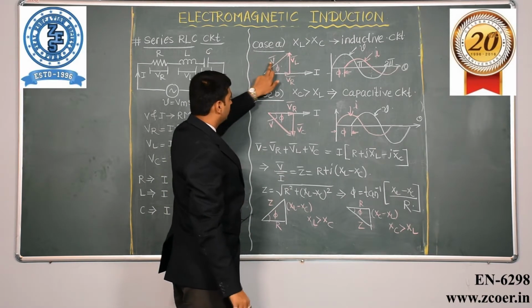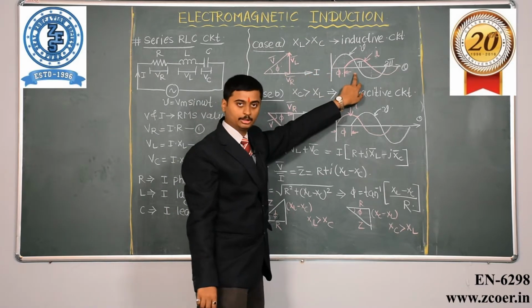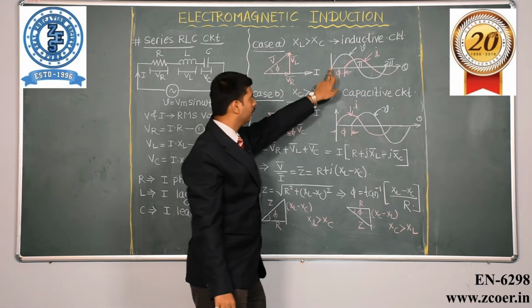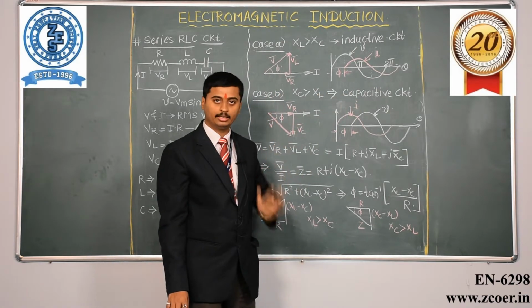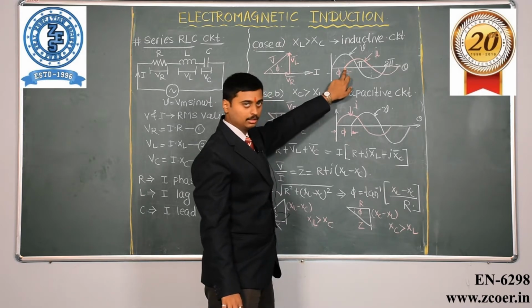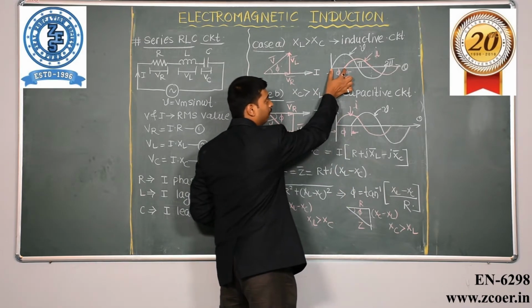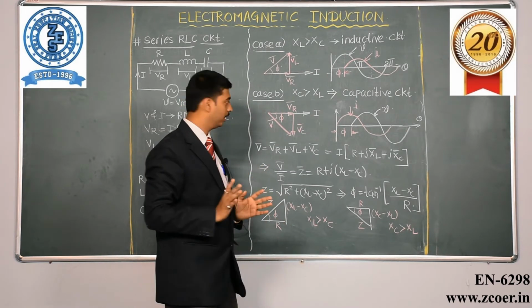The vector addition gives the total voltage V. In the waveform representation, as current lags the voltage by 90 degrees, whenever the voltage reaches 90 degrees the current waveform starts. The distance between these two waveforms is exactly the angle phi.